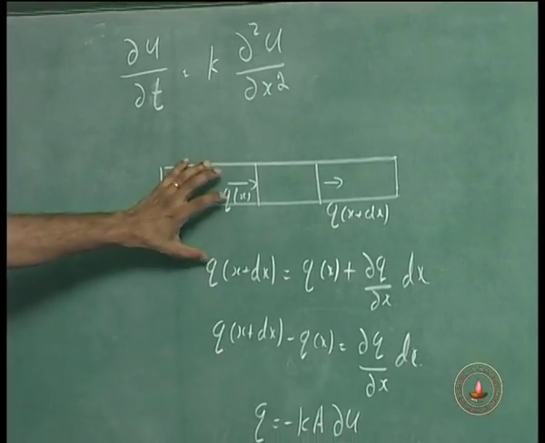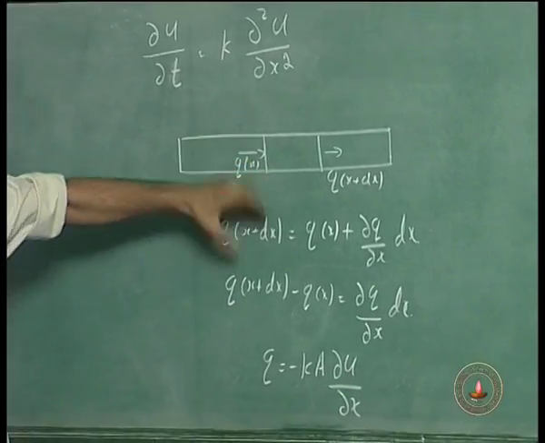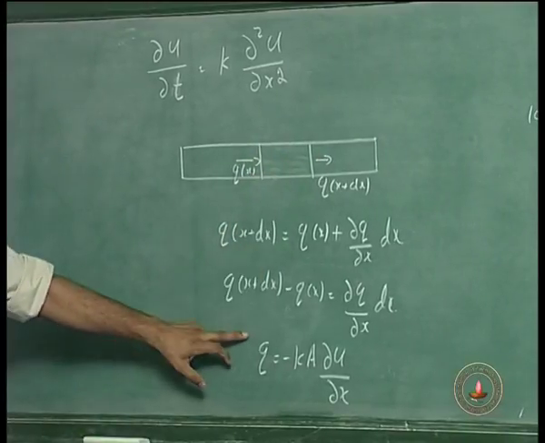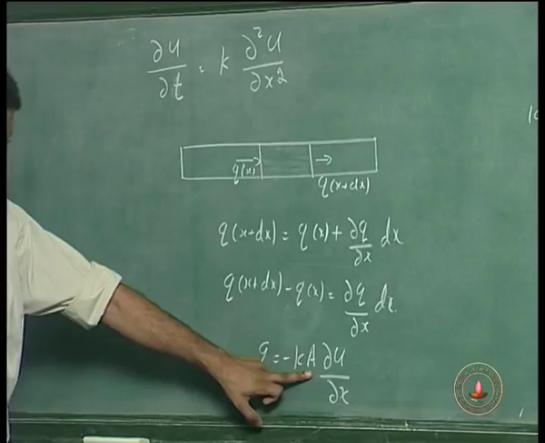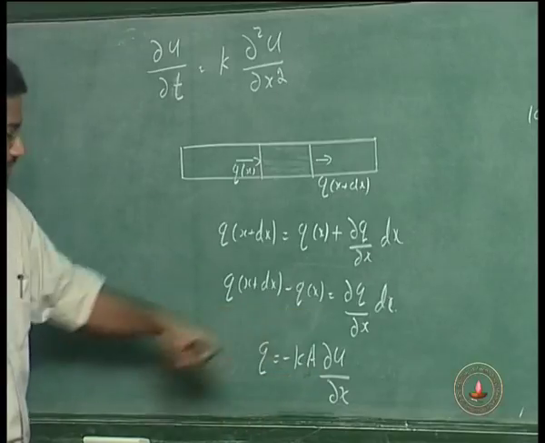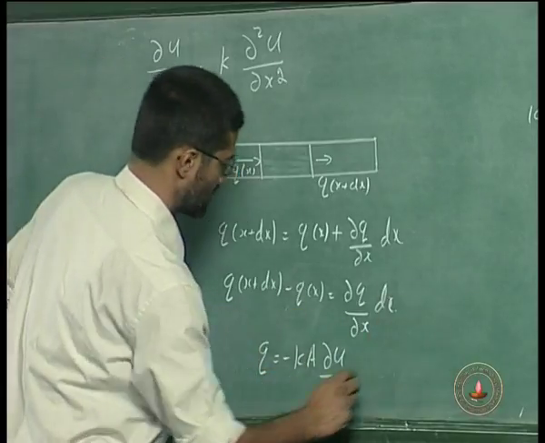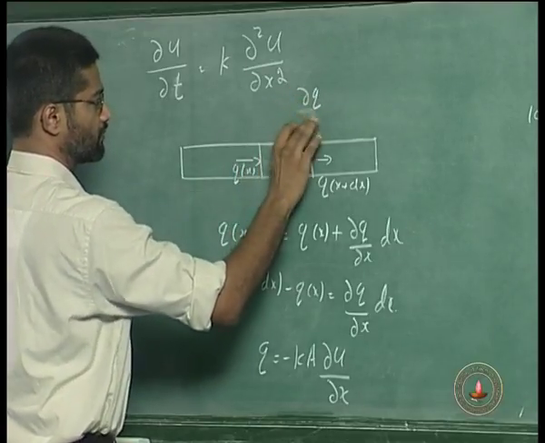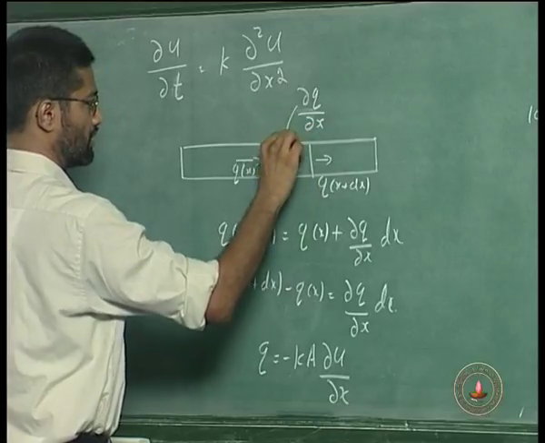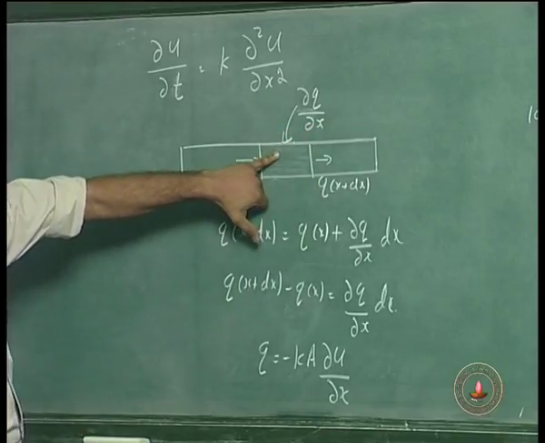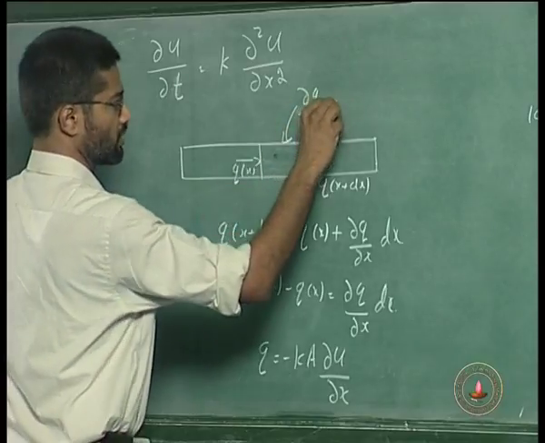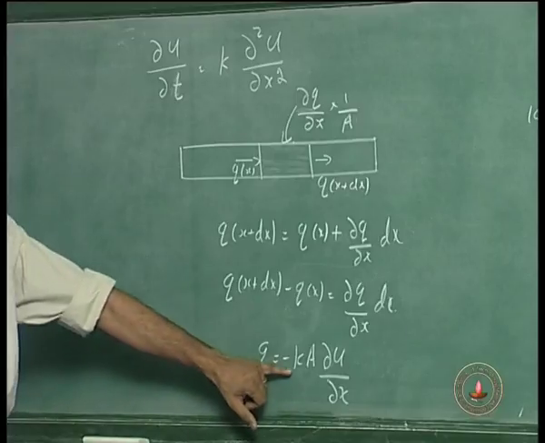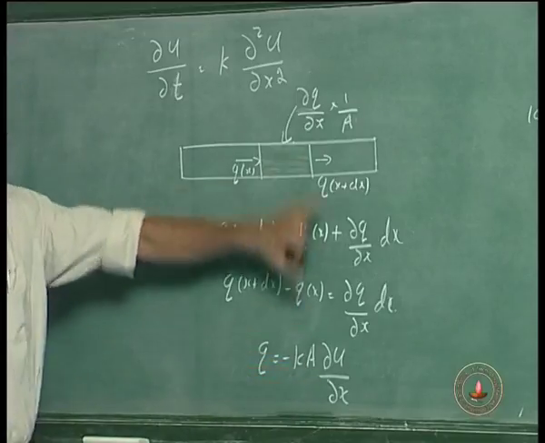The heat which is retained in this section per unit length per unit cross sectional area would be del Q by del x, multiplied by 1 over A. That will give us K times del squared U by del x squared.